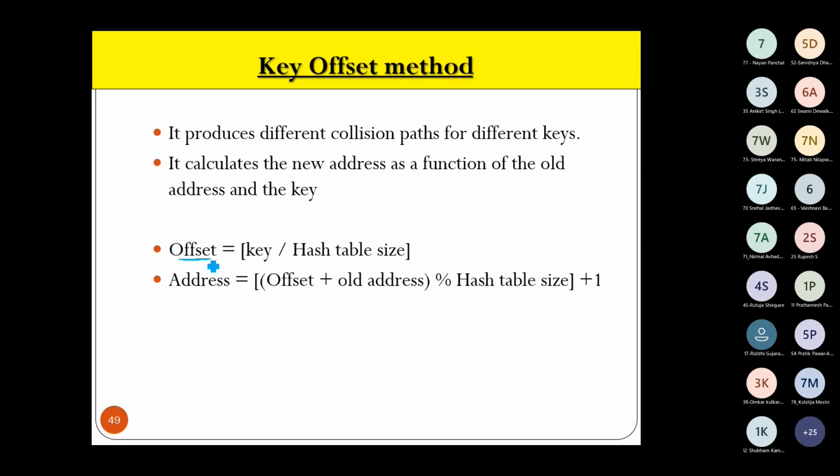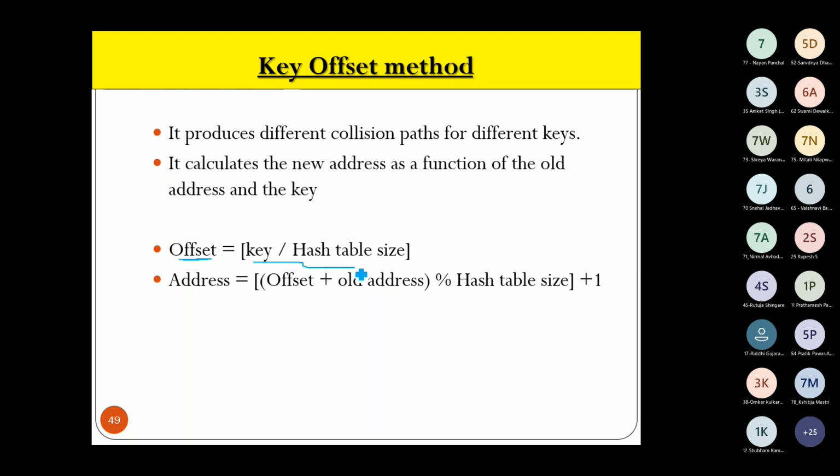Here we will be having the offset. One thing we will be having is the offset. We saw offset in OS also. Offset is something whose value we will be taking for addition purpose. Okay. So how do we get the offset here? Offset is equal to key divided by size of the table.